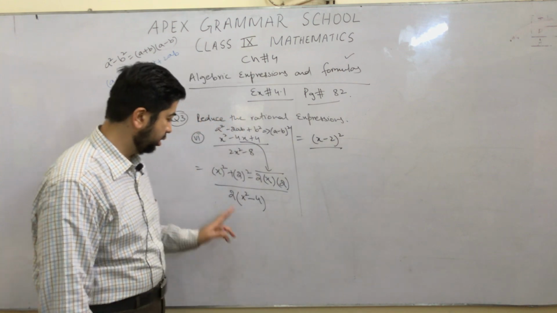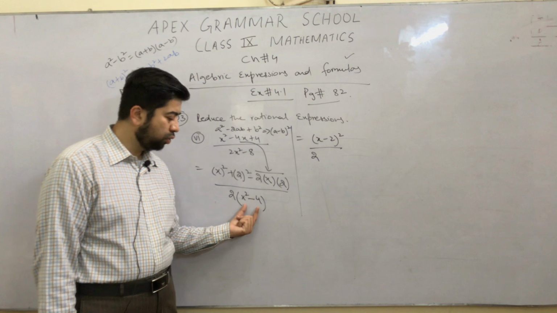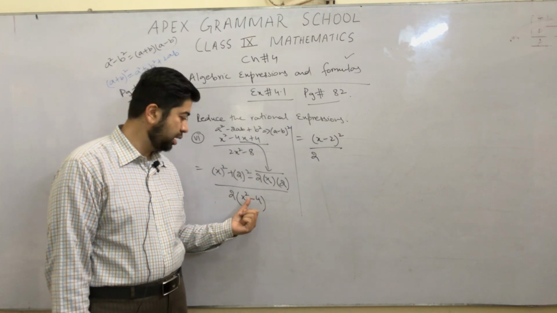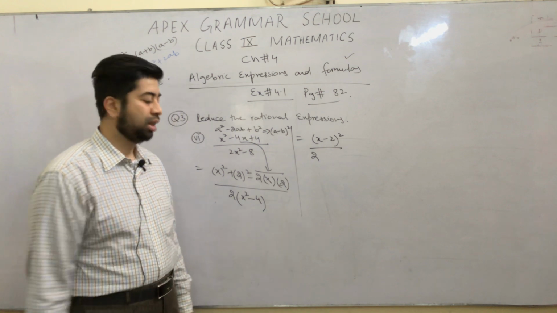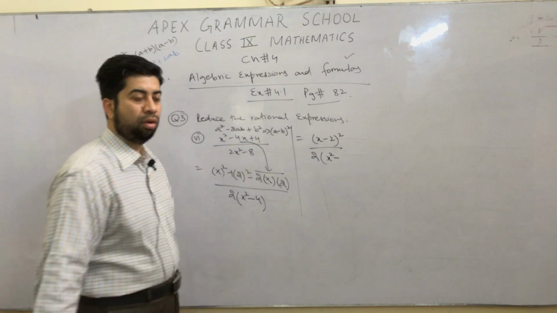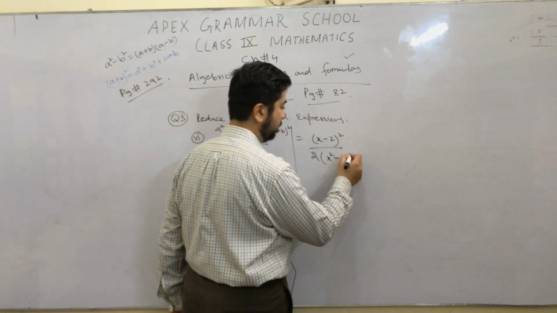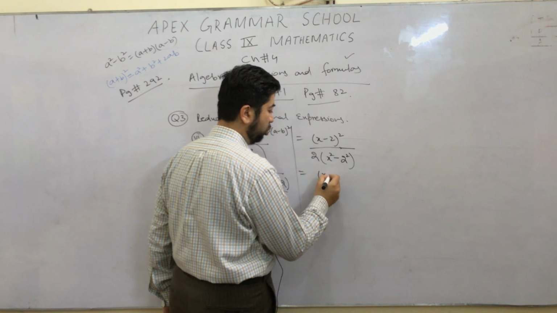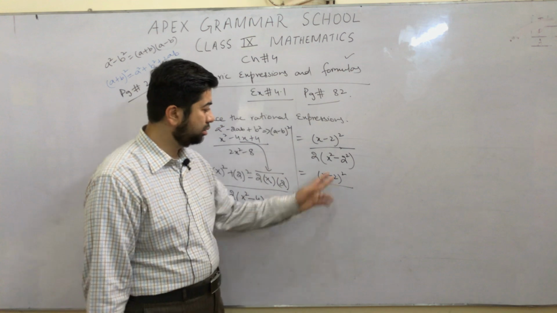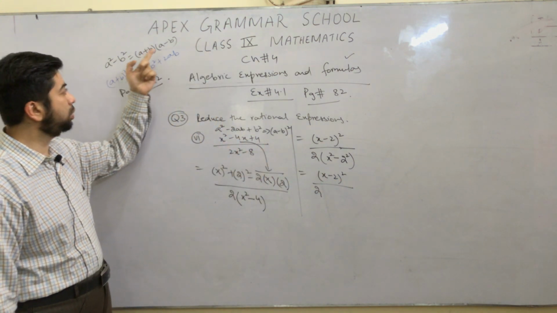And in the denominator, 2 is common. So which formula is going to be made here? That is 2 squares and a minus sign is between them. So this is x square minus 4, and 4 is the square of 2, so 2 square. Like this one, a square minus b square, which is equal to a plus b into a minus b.